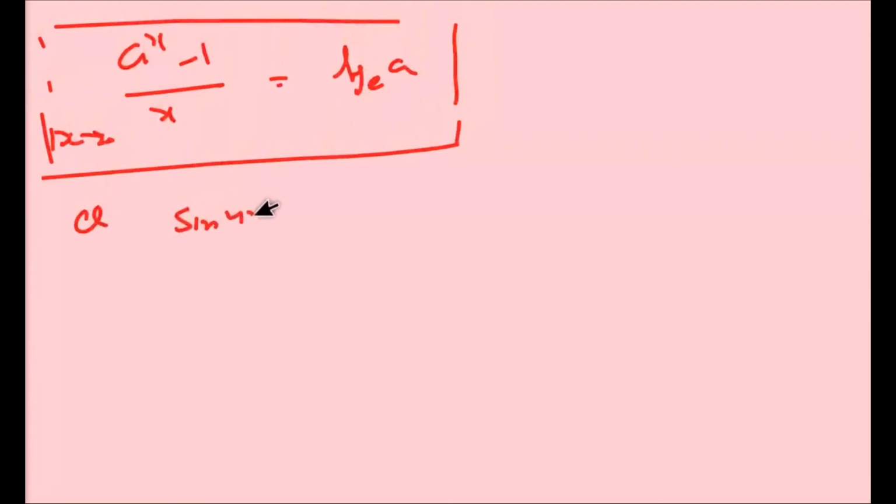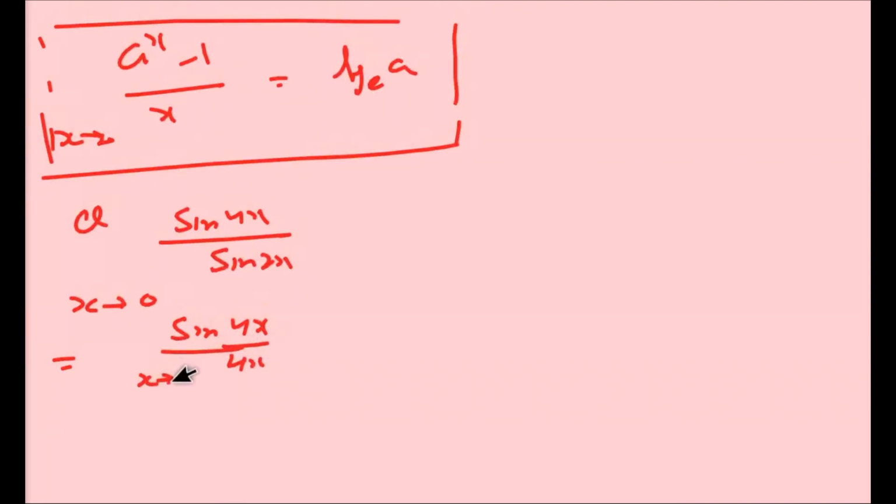Sine 4x upon sine 2x, x tends towards 0. Now here is sine, here is 0. It means we can use sine x upon x, x tends towards 0. But here is 4x. So we divide here by 4x, taking x tends towards 0. So it becomes the formula. And here is also sine 2x. So we can divide here by 2x, x tends towards 0.